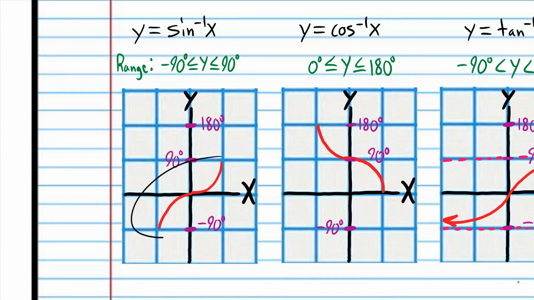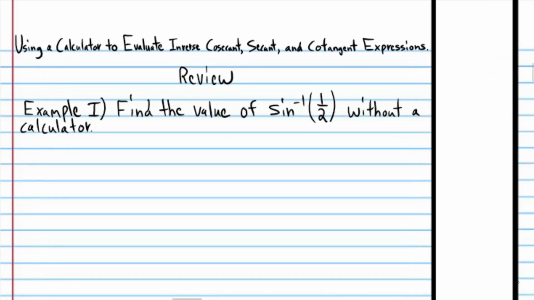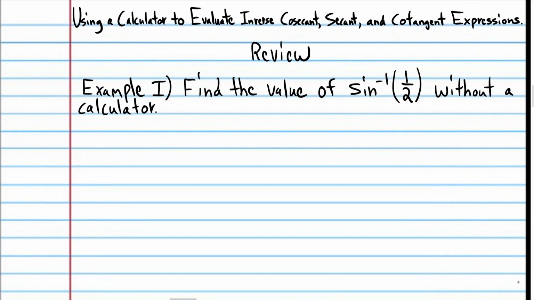And for the sine inverse function, our range is restricted to numbers between -90 and 90 degrees. So we're only going to have one output.